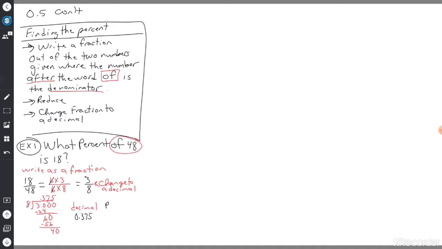and then as a percent, so we change the decimal to a percent, because that's what we're being asked for. Moving the decimal 2 places to the right.